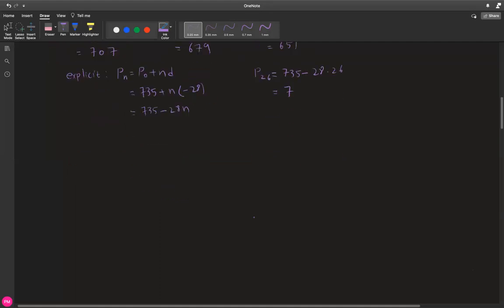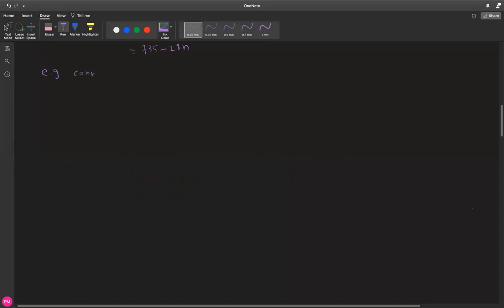Now, a different type of problem that you might encounter is, let's say you're given a population sequence. Consider a population sequence that grows linearly with the initial population given as 12.